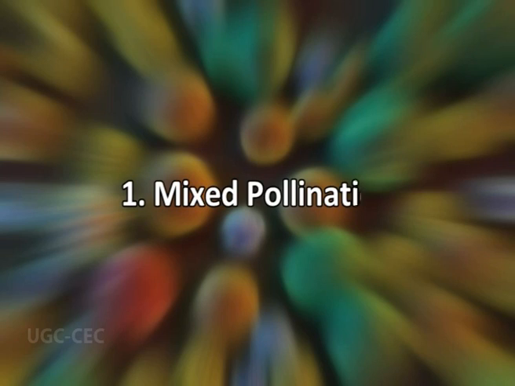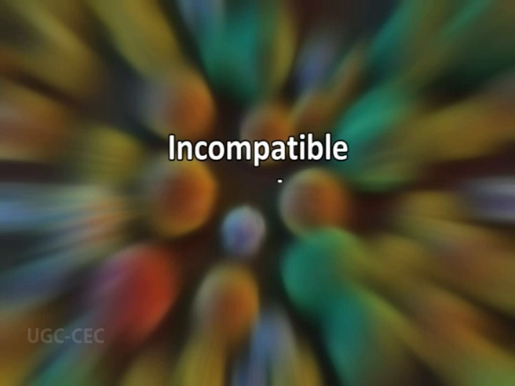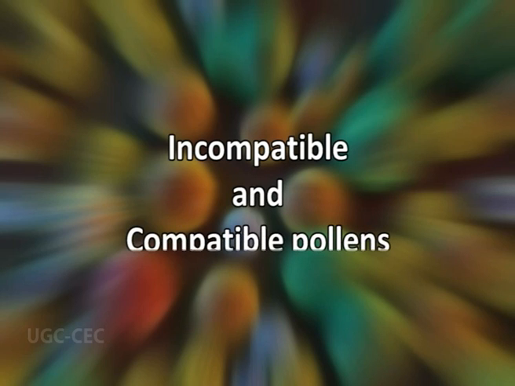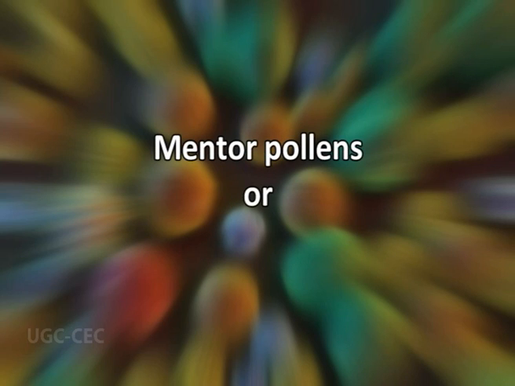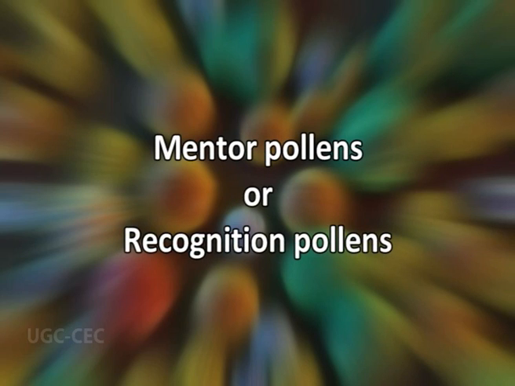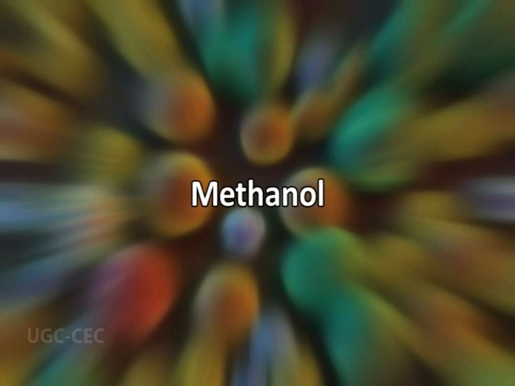Number 1, mixed pollination. In this method, the stigma is disguised from the incompatible pollen by pollinating with a mixture of incompatible and compatible pollens, termed mentor pollens or recognition pollens. To prevent fertilization by the mentor pollen, they are either inactivated by radiations or killed by treating them with chemicals like methanol.